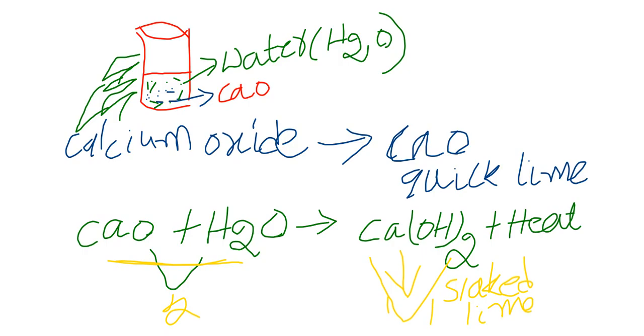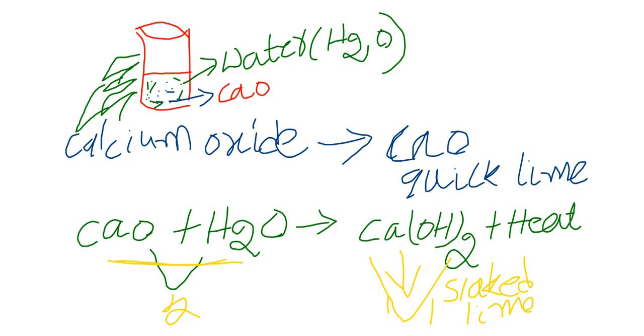So take a beaker and add calcium oxide. The chemical formula of calcium oxide is CaO, and add water slowly to this beaker. Calcium oxide reacts instantly with water and forms calcium hydroxide. We call this calcium hydroxide slaked lime.